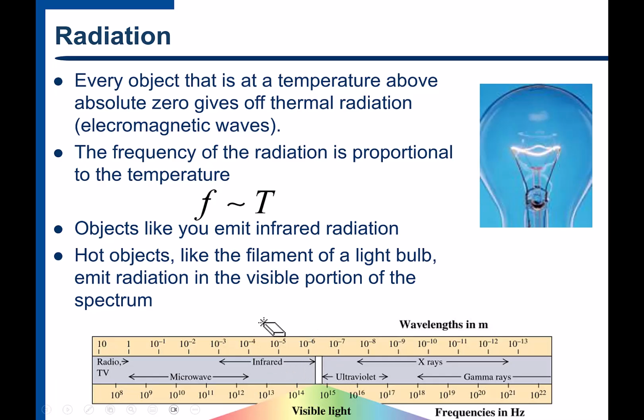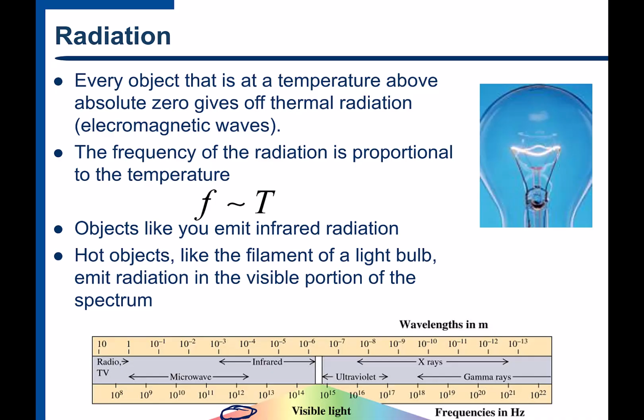Now, if you've ever played with an old-fashioned light bulb on a dimmer switch, I don't know if you've ever noticed this, but just as you're turning the bulb up, when it first begins to give off visible light, you'll notice that it looks red. That's because it's just emitting light in the red part of the spectrum of visible light.